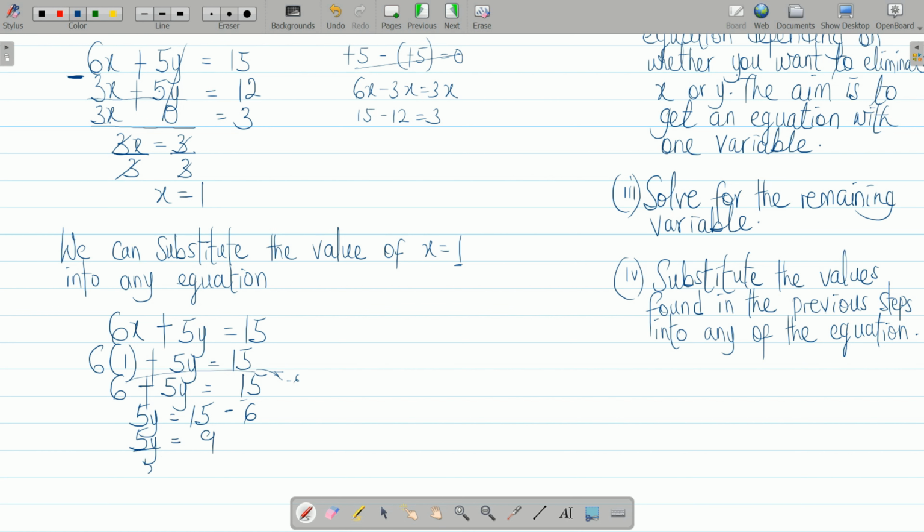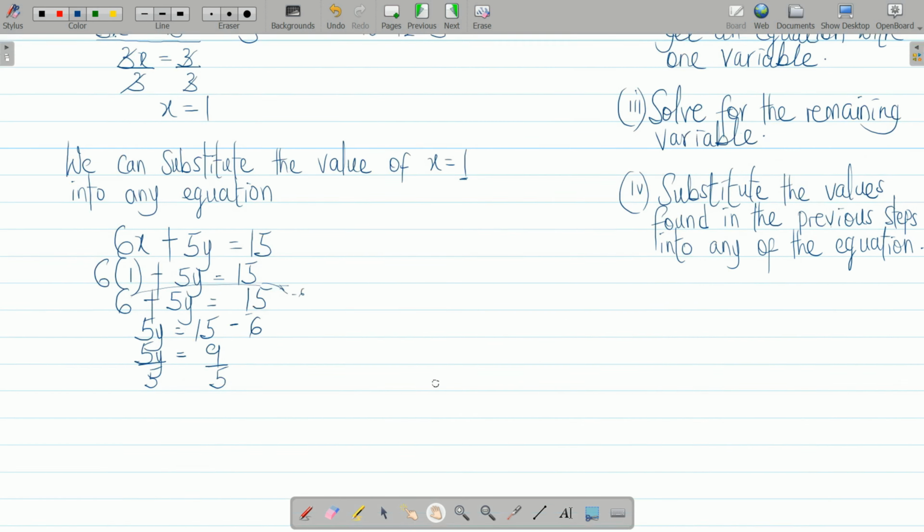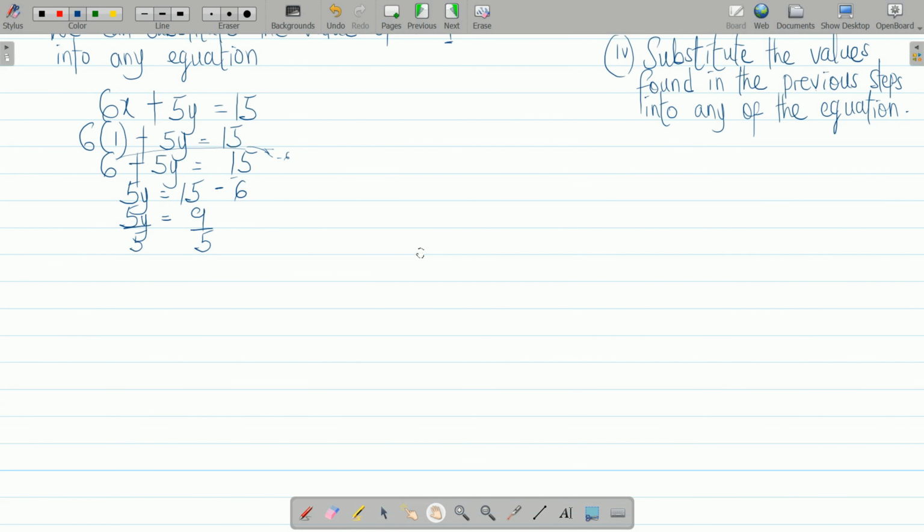Then divide both sides by the coefficient of y, which is 5. y equals 9 over 5. So we can say x is 1 while y is equal to 9 over 5.